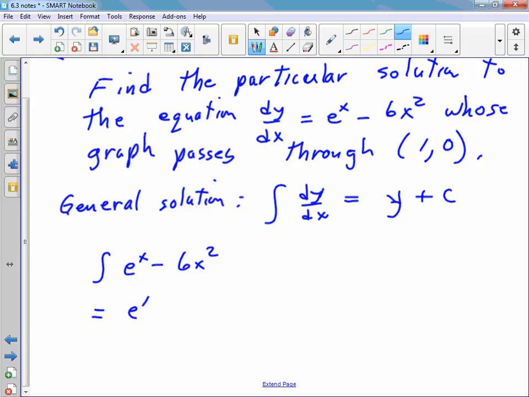Okay. Be careful. Let's do it in steps. Minus, let's go, 6 times. Okay, what power is x going to be? 2 plus 1, or 3. And then what coefficient do we put in front of the x?